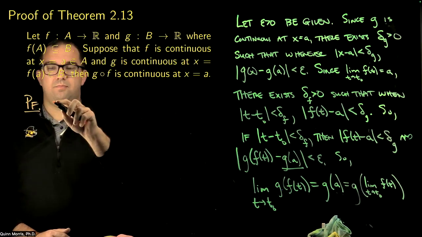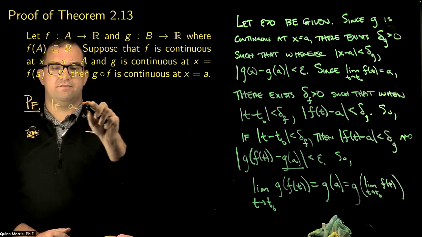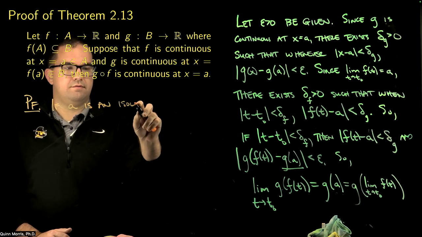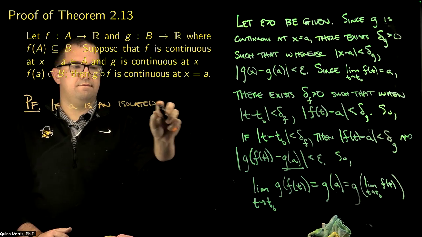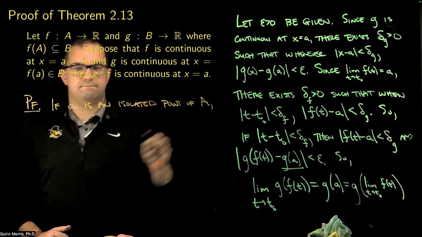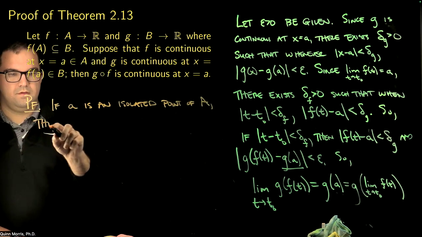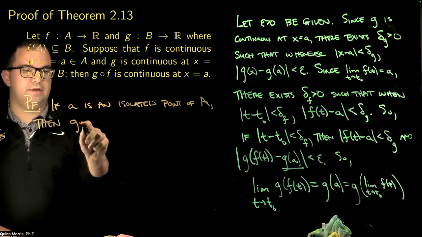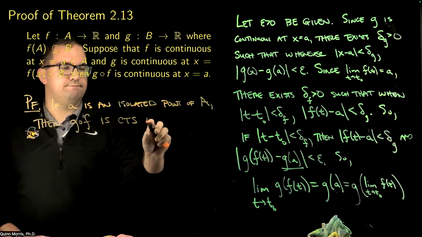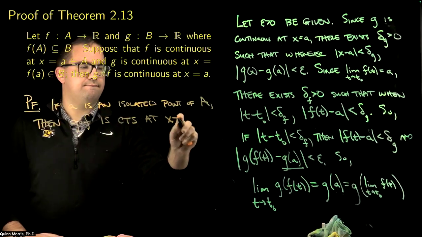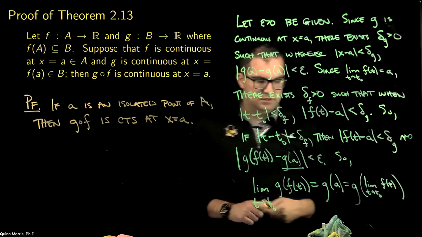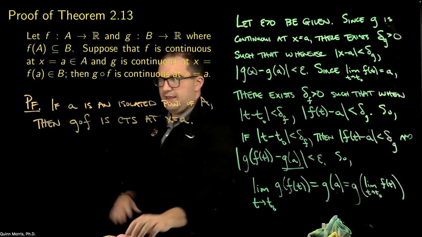What if A is an isolated point of the domain? Well, then it just automatically holds, right? Then g composed with f is continuous at A. By definition, a function is always continuous at an isolated point of the domain, no problem.